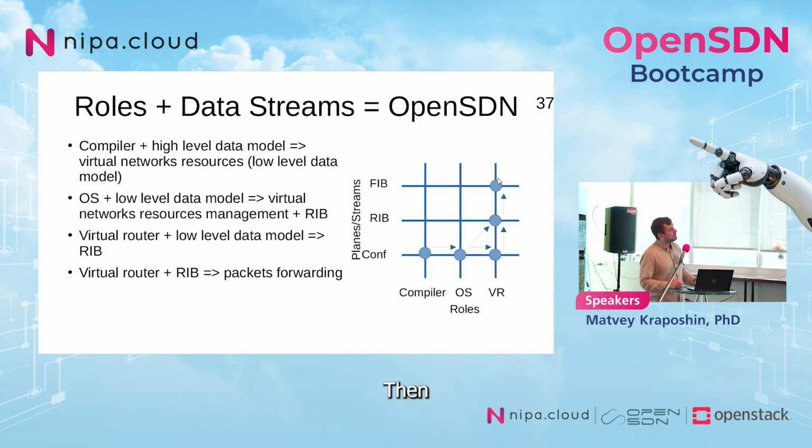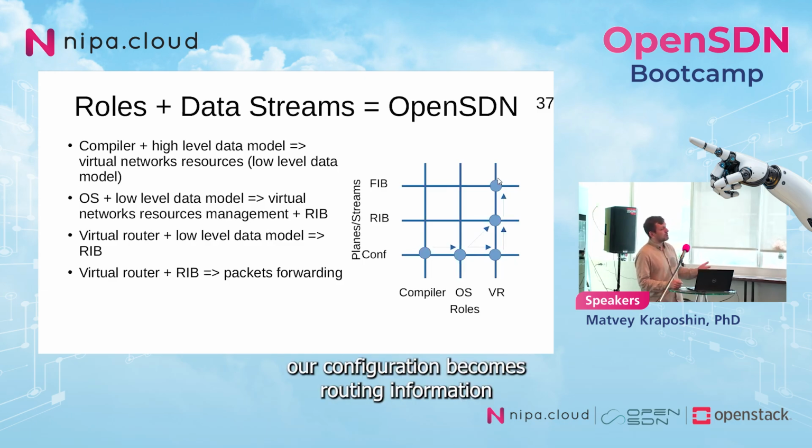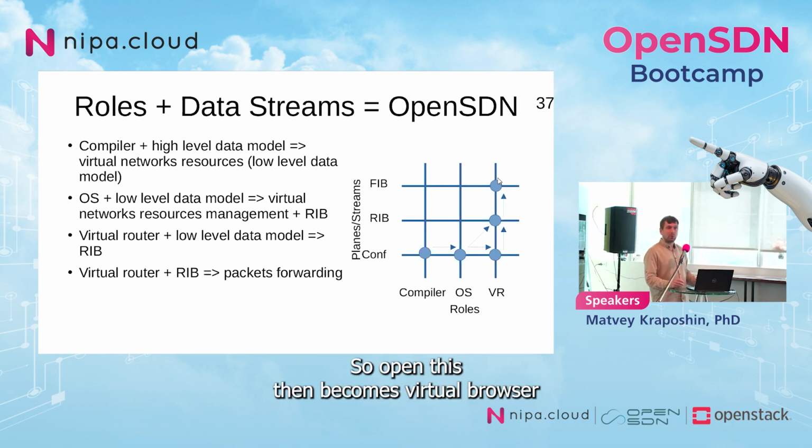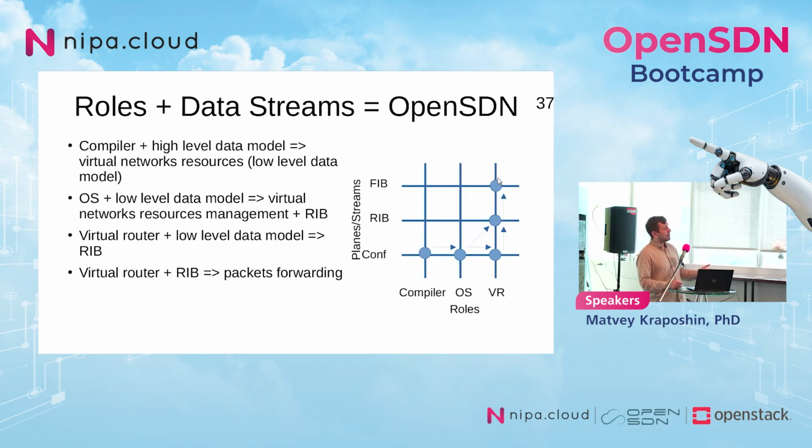Then our configuration becomes routing information or a data stream, and the roles switch together. So OpenSDN becomes a virtual router for all three streams of data.